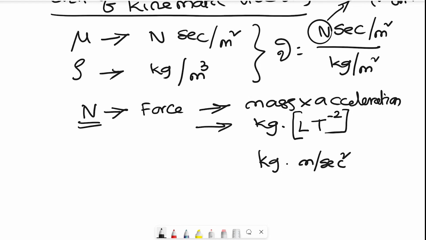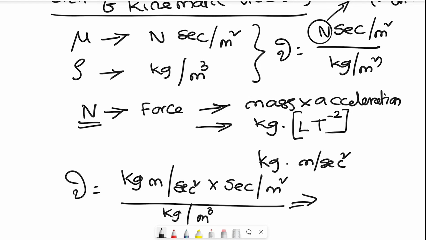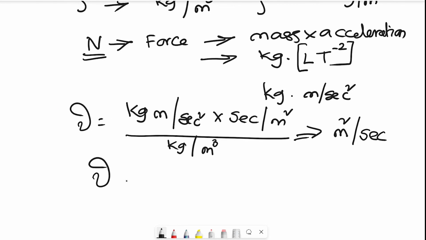Therefore nu is equal to kg meter per second square into second per meter square divided by kg per meter cube. Simplify it, very simple. This finally gives meter square per second. So the nu unit is meter square per second.